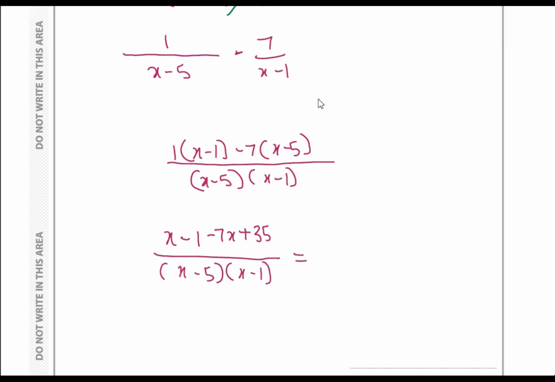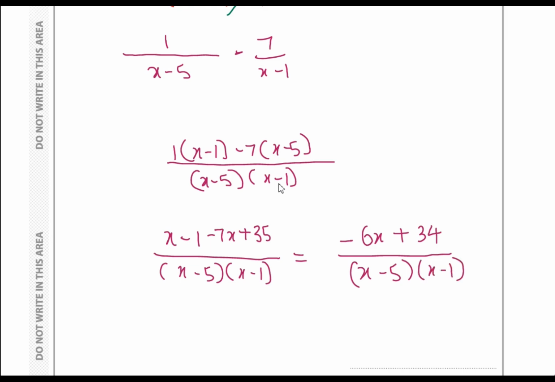So when I simplify the numerator, x minus 7x, 1 minus 7 is minus 6x, and minus 1 plus 35 gives me an answer of plus 34 over x minus 5 and x minus 1.